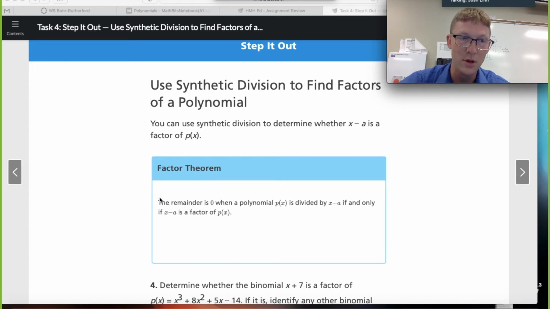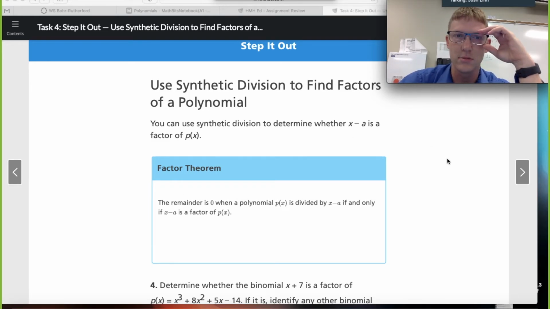So the factor theorem: the remainder is 0 when a polynomial p of x is divided by x minus a if and only if x minus a is a factor of p of x. What that's saying is x minus a is a factor of p of x if, when you divide it all out, you do not have a remainder.